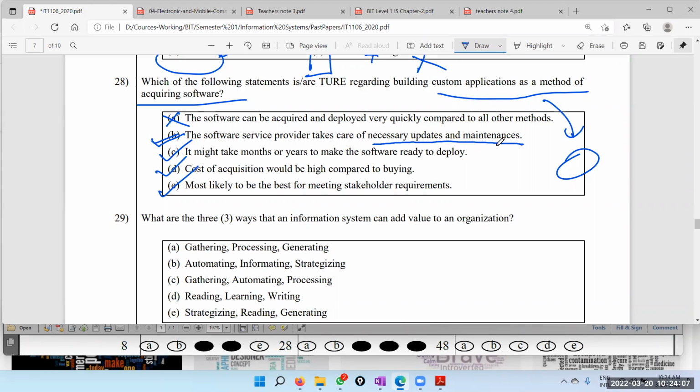But my gut feeling is that when something is custom built for you, we are in a better position to get the support rather than when you buy a common thing. But again, people will look at it in different ways. Okay, but anyway, it's a debatable answer.